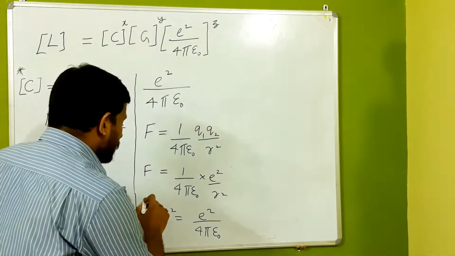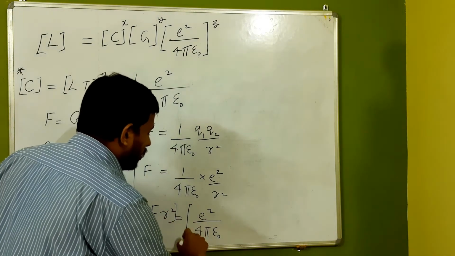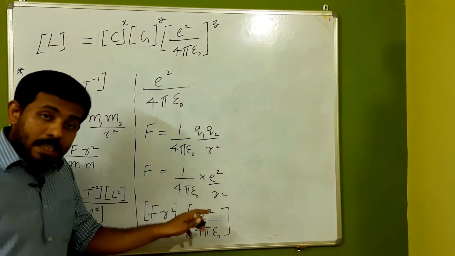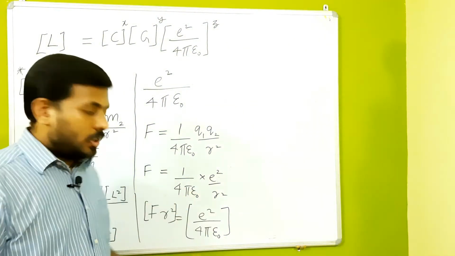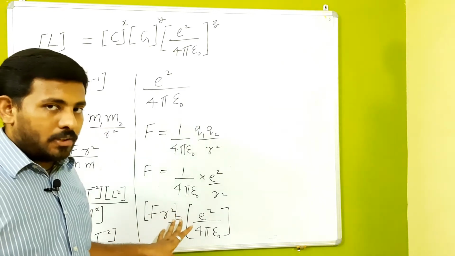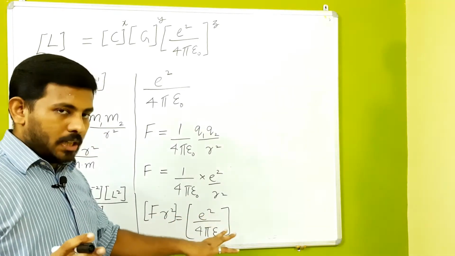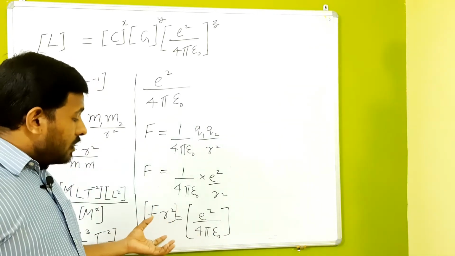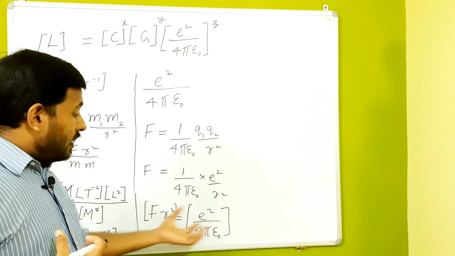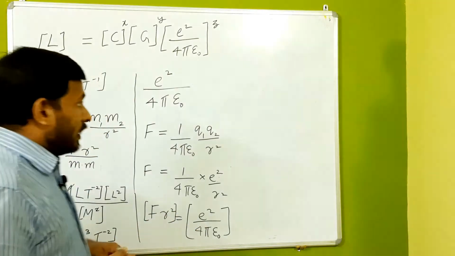So the dimension of F r square is equal to the dimension of e square by 4 pi epsilon 0. Everyone knows the dimension of F and r square, but it's difficult to remember the dimensions of some terms, but we can find the dimensions of these terms which are familiar to us, and we can equate things like this. So F into r square.